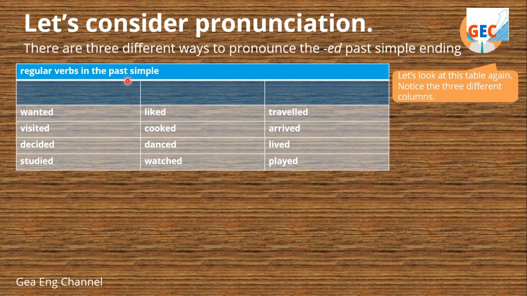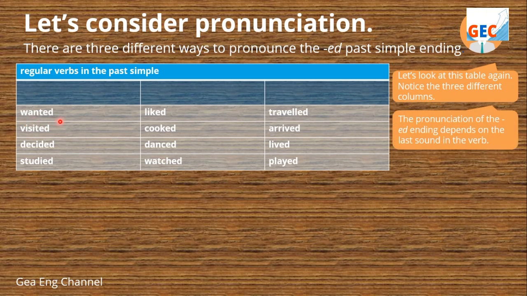Here, regular verbs in the past simple, we have wanted, visited, decided, studied, liked, cooked, danced, watched, traveled, arrived, lived, played. So the pronunciation of the ed ending depends on the last sound in the verb.